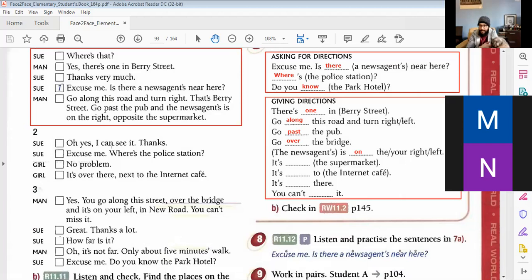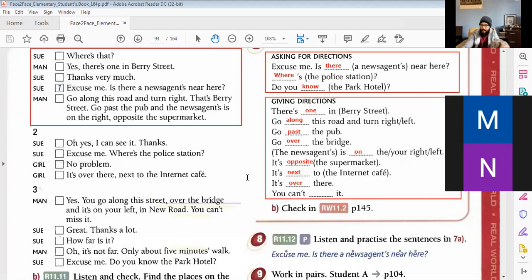Opposite. Yes, opposite the supermarket. That's correct. Okay, what about the next one? It's next to the internet cafe. Right. What about this one? It's over there. Okay, and the last one?